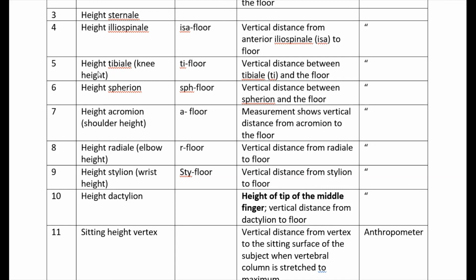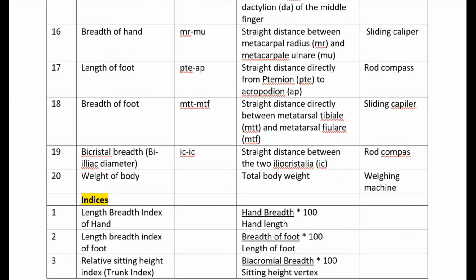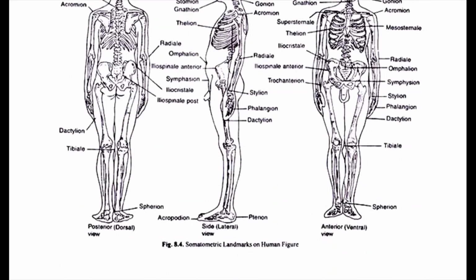Then we have the height tibiale. It's also called the knee height. Tibiale is identified as the vertical distance between the landmark tibiale and the floor. Let me show you tibiale. See here, below the patella, or below your knee area, there is a projection on the medial side of your lower leg.